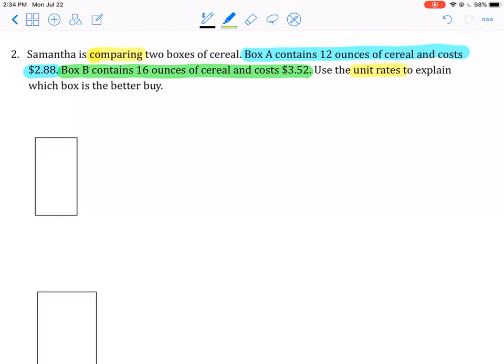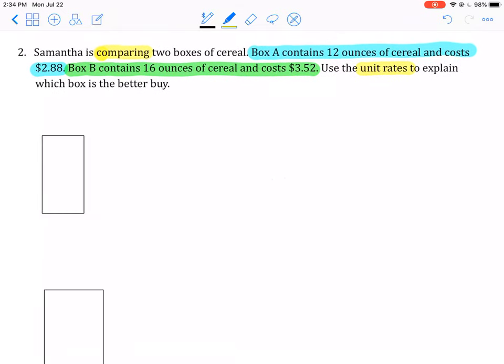So I've drawn 2 boxes. Box B is larger. It contains 16 ounces. So I'm going to go ahead and let this be box B, and this is box A. So this one goes with the blue writing up there.